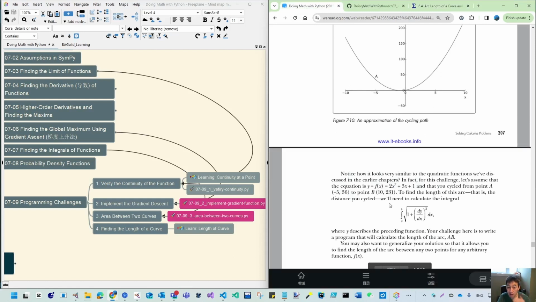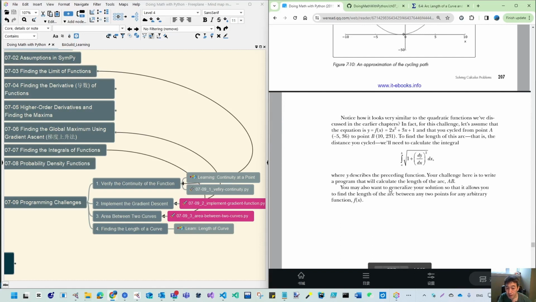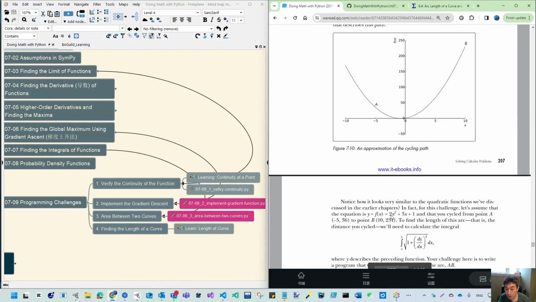So the challenge is to write a program that uses this formula and accepts one input function, then calculates the length of the curve. From the Python programming perspective, we need to get the input function, get the input variable, do this integral and derivative calculation, and print out the results.